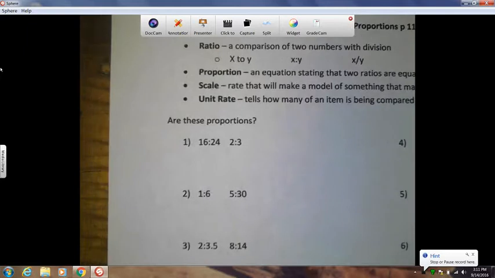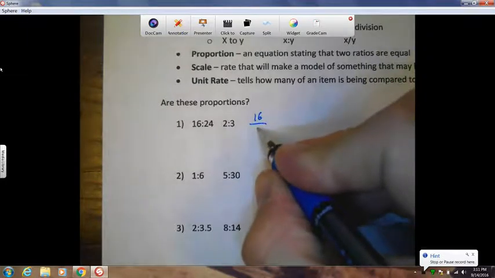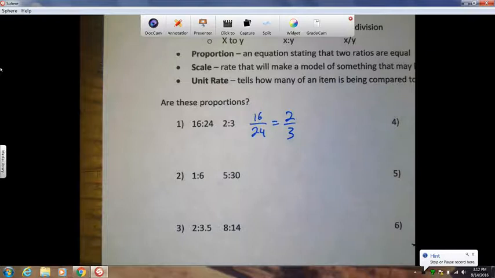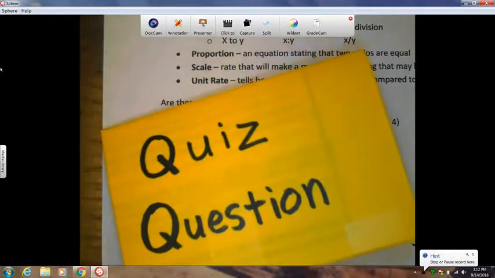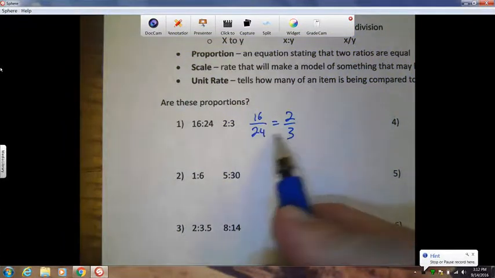So the question on these is, are they proportions? The easy way to tell is to set it up like this with two fractions where you can cross multiply. Remember, you can only cross multiply if the only thing you have over here are the two fractions and there's an equal sign.